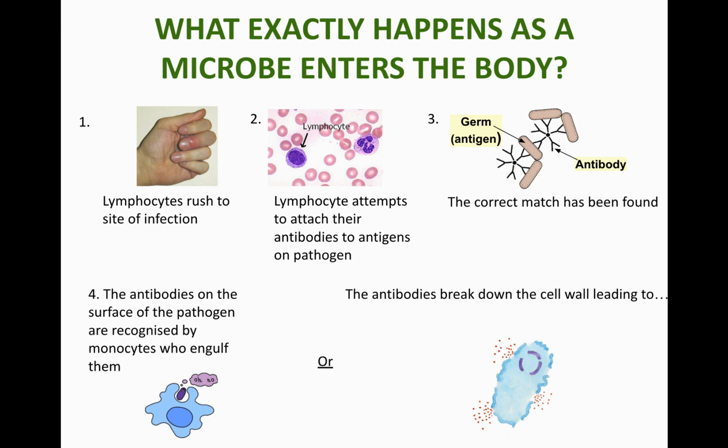But what if the virus or the bacteria or the fungus has now got into our blood and has traveled around the rest of our body? This is what we'll be hoping to look at in the rest of the chapter, in terms of how we develop immunity to these kinds of dangerous pathogens.